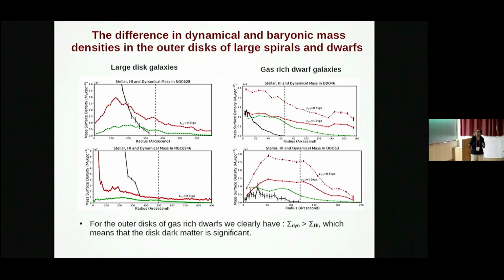And what we found is that the dwarf galaxies are more dark matter dominated. So their disks are associated with larger dark matter masses. And this is to be expected because a lot of other simulations and semi-analytical studies have also shown that low luminosity dwarf galaxies are dark matter dominated.